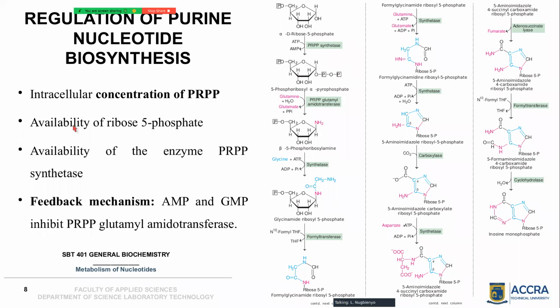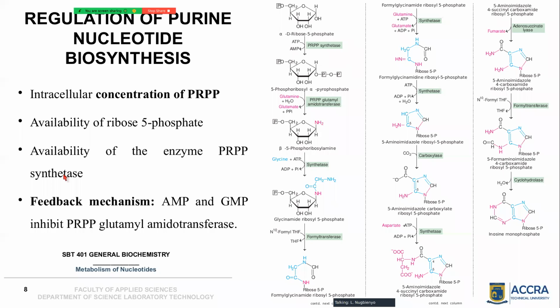Similarly, the availability of the ribose 5-phosphate. So this is the ribose 5-phosphate itself. The synthesis of the ribose 5-phosphate from the pentose phosphate pathway, if there is a defect there, is going to affect the synthesis of the nucleotides, which will go into the synthesis of the nucleic acids.